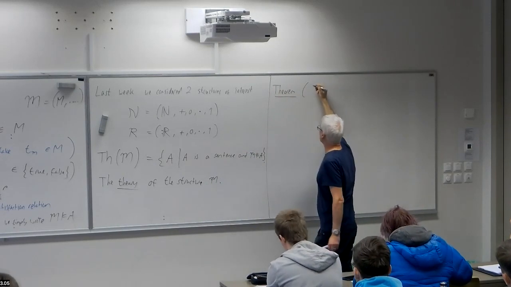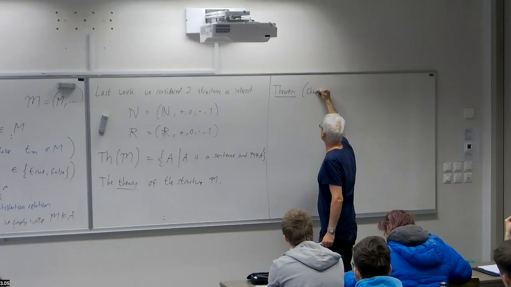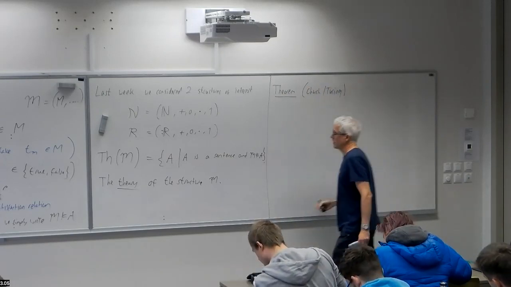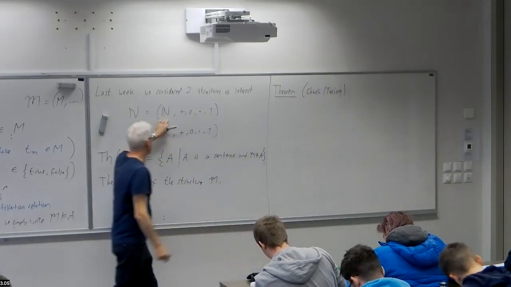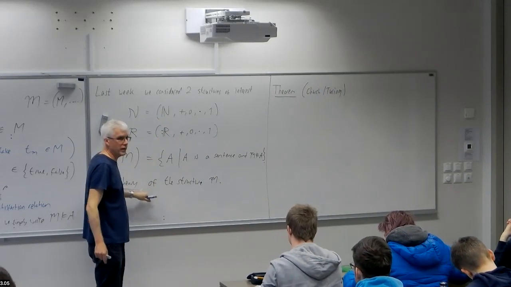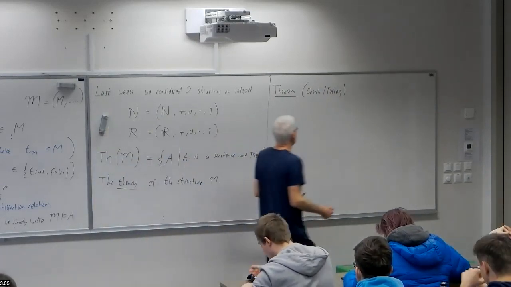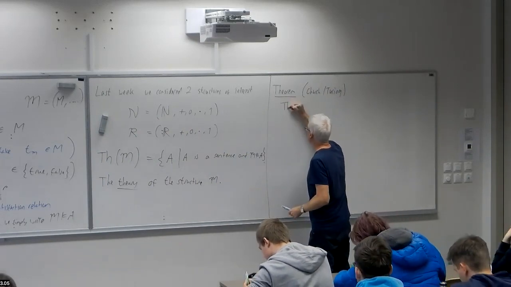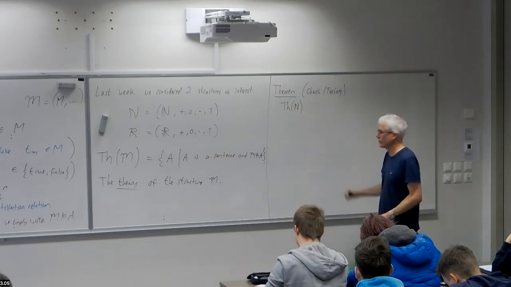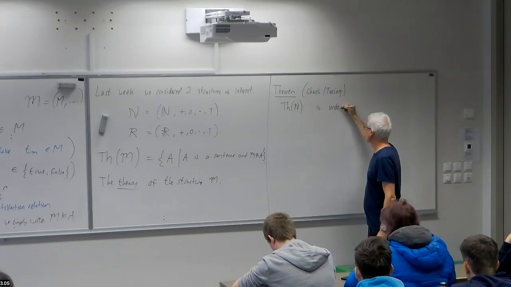so this was already mentioned last week, there's the theorem of Church and Turing, which is there is no algorithm for deciding if a sentence is true in N. And now with the notion of theory, we can formulate this in a very concise way, which is simply that we'll write the theory of N, the structure of natural numbers, is undecidable.